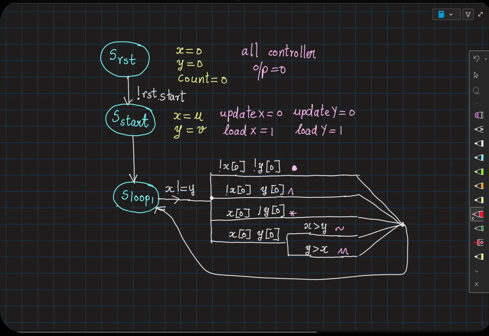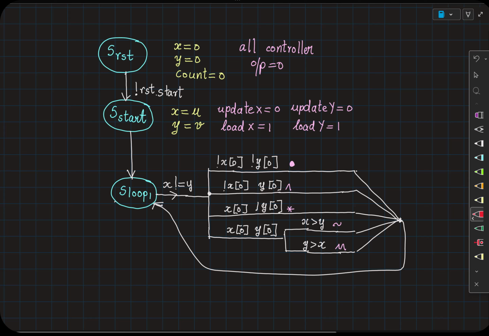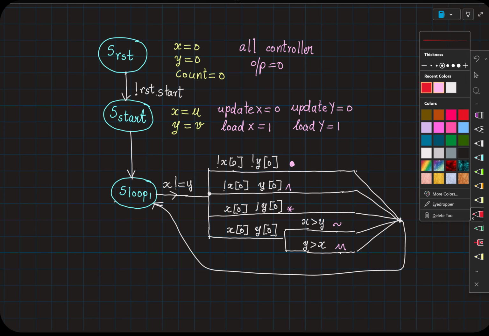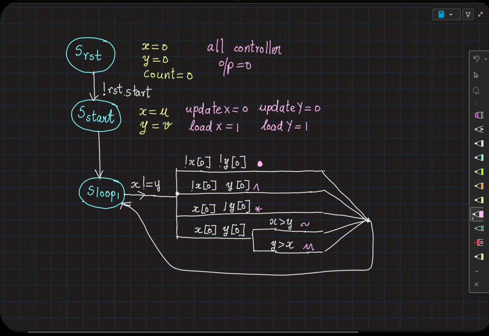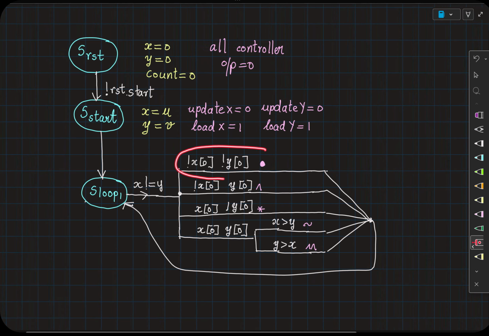So we had completed so much. Can you tell me what you expect to see in this condition? When x is even and y is even, first tell me what you expect to happen in the x and y variables.